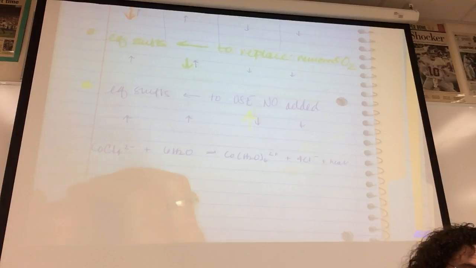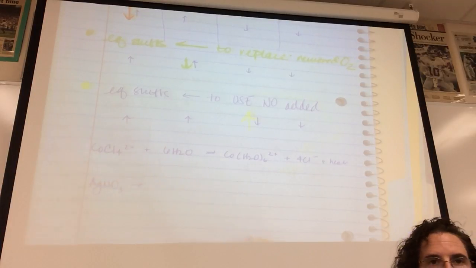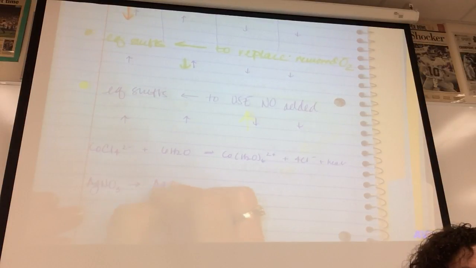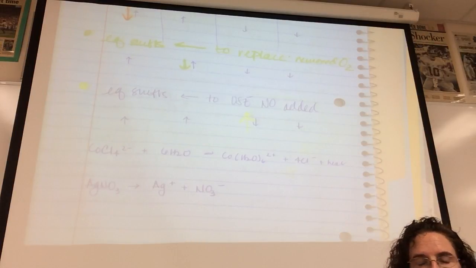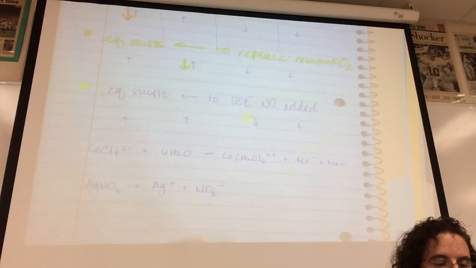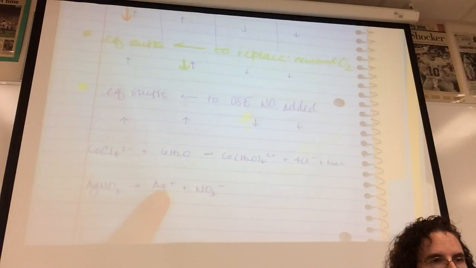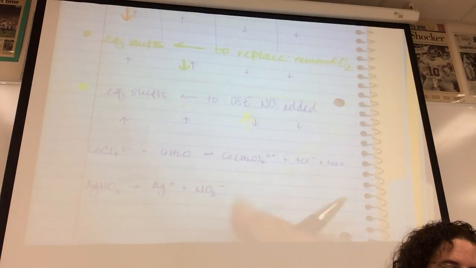Whatever. All right. If you have silver nitrate, why is silver nitrate water soluble? Because all nitrates are water soluble. So you effectively add that, right? Now, all nitrates are soluble, so nitrate's not going to have an impact here at all. But what would the silver ion react with? Chloride ion.